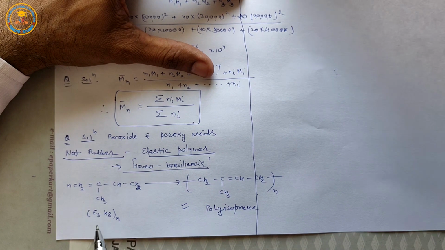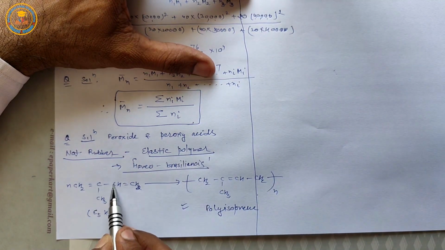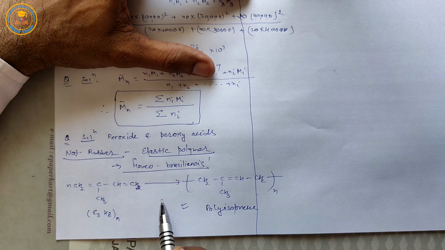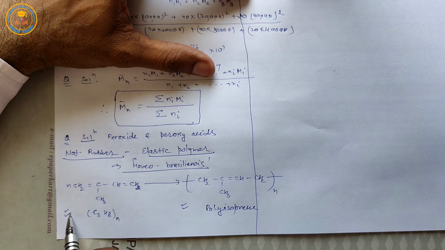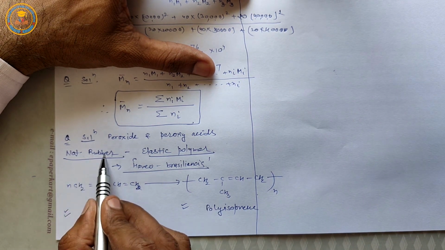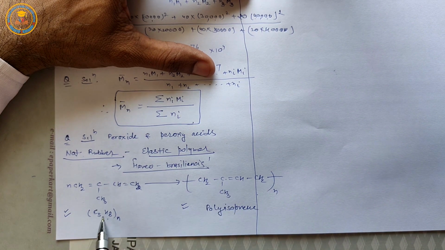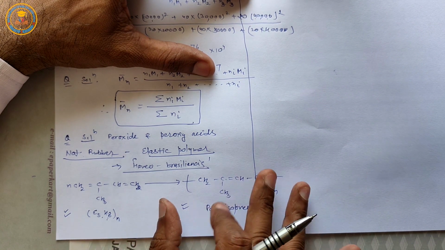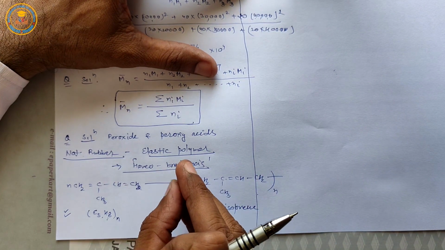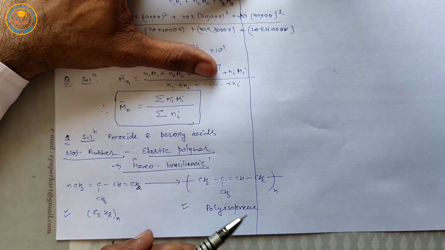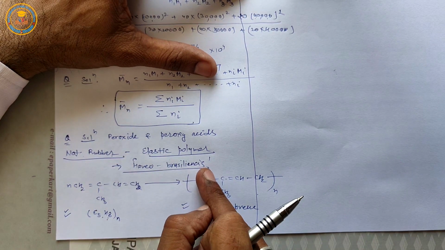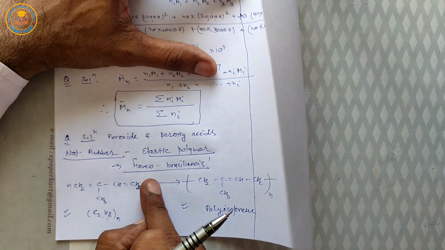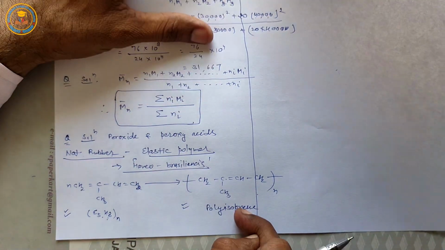Here in the isoprene unit there are 5 carbons and hydrogen atoms are 8. So the composition of natural rubber is (C5H8)n. We have discussed in our previous class natural rubber, Hevea brasiliensis, homopolymerization and polyisoprene.